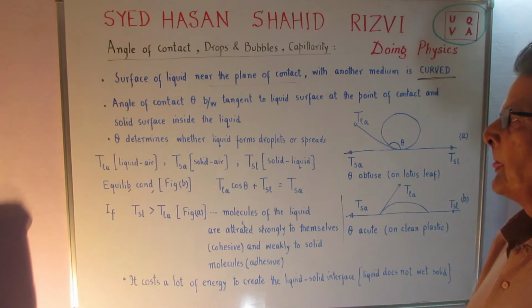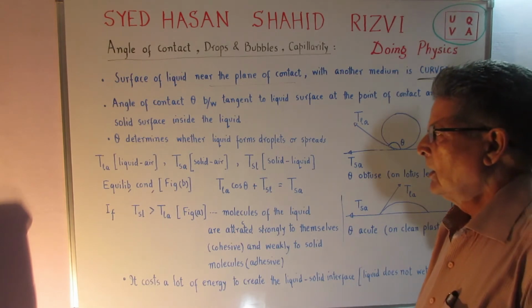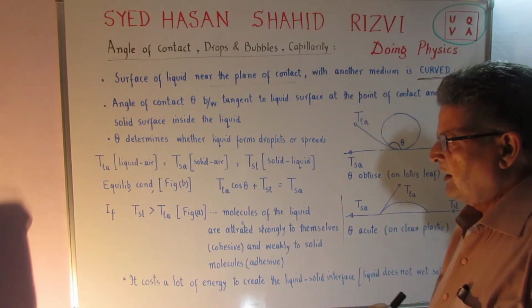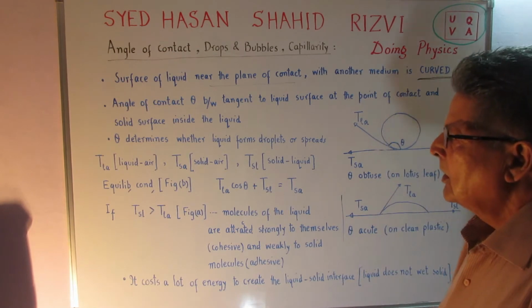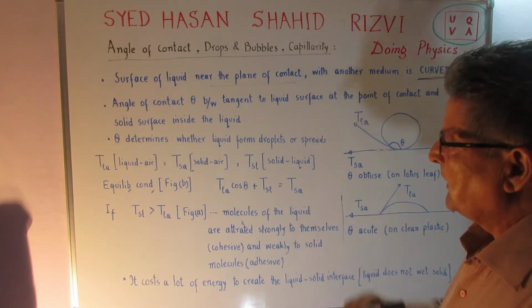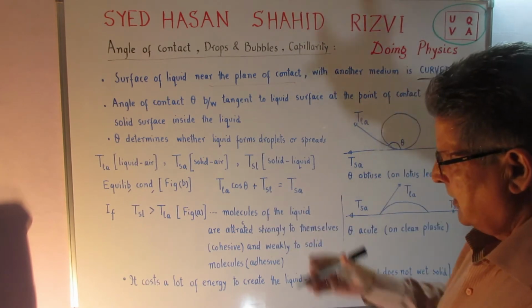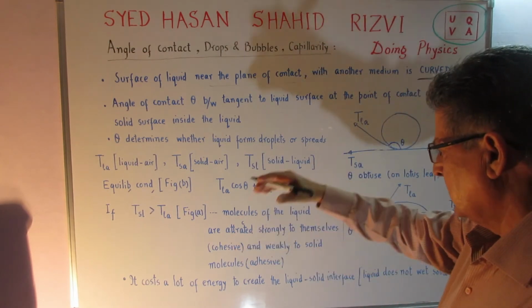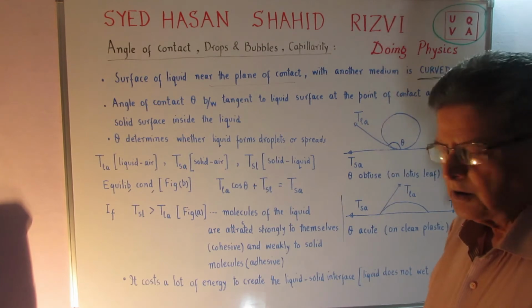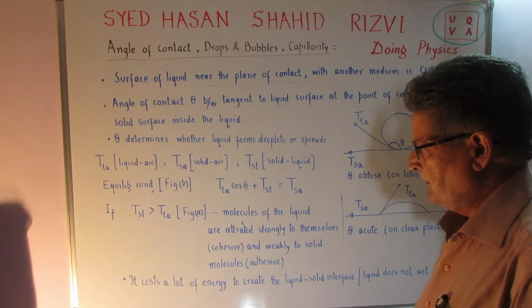Okay. That curve could be a straight line also. That curve could be a plane also. That curve could be concave, and that could be convex. Okay. So these are the situations.